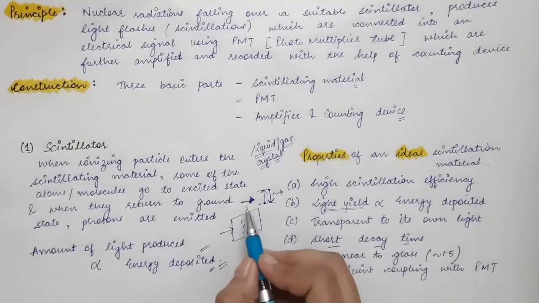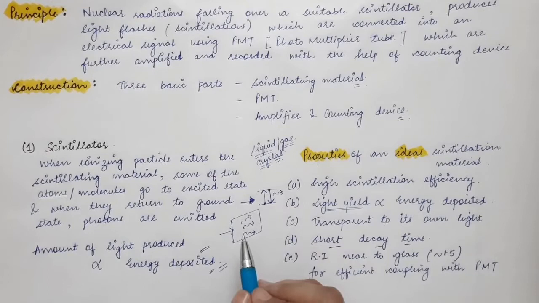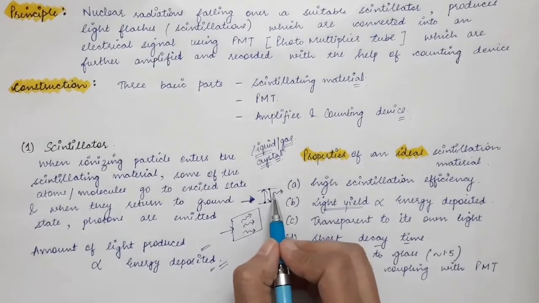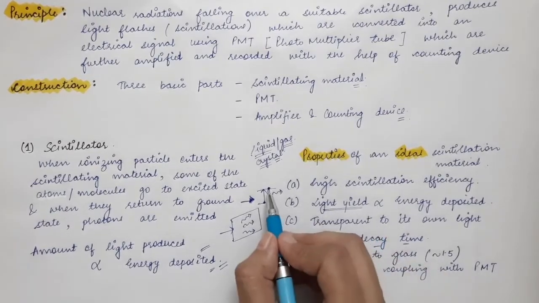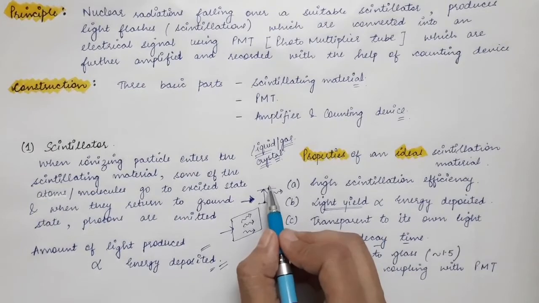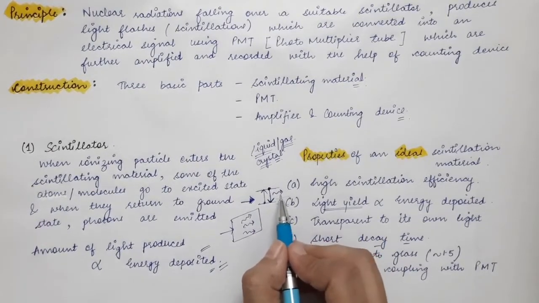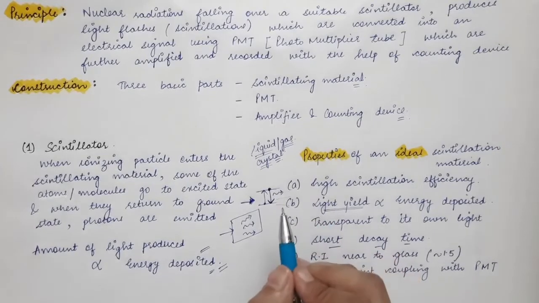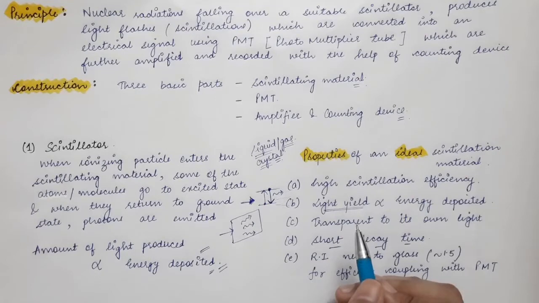So with this incoming particle, light flashes are produced. But what if these atoms go to the ground state after some time? If these atoms spend more time in the excited state, these light flashes will be delayed and hence we won't be able to detect high counting rates.